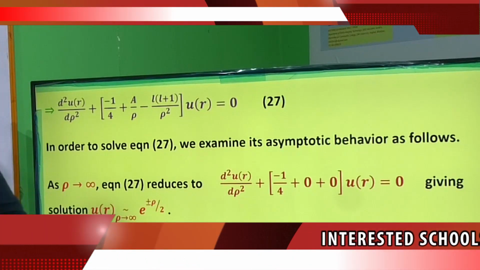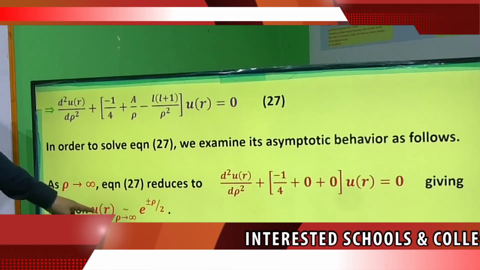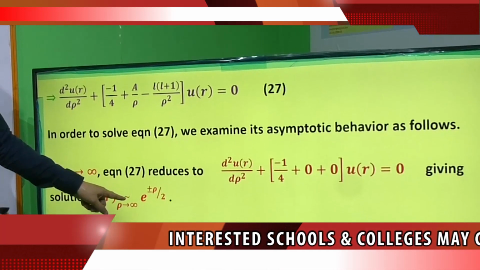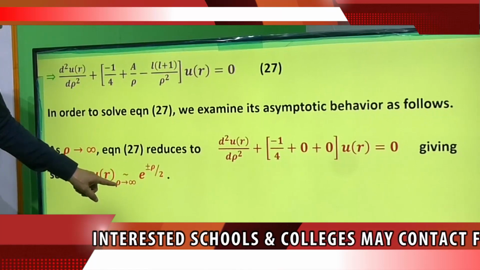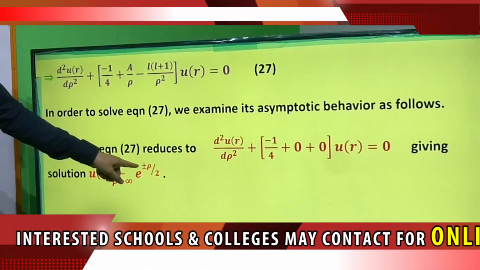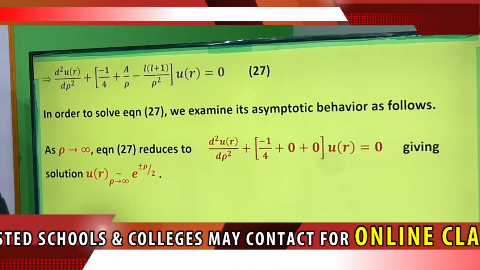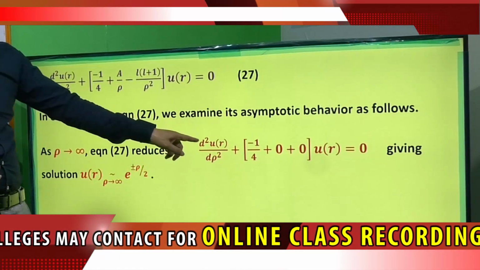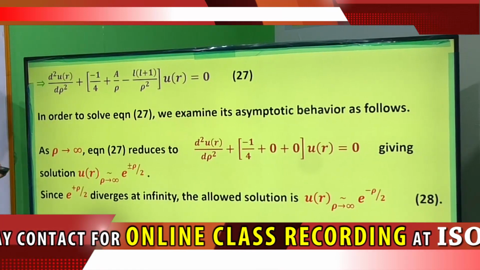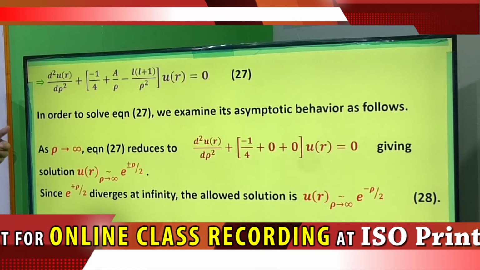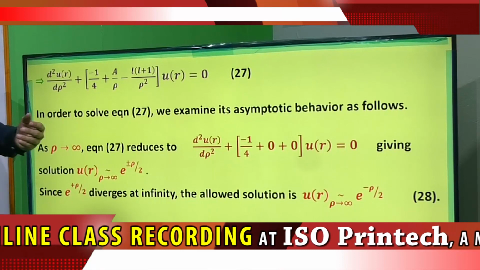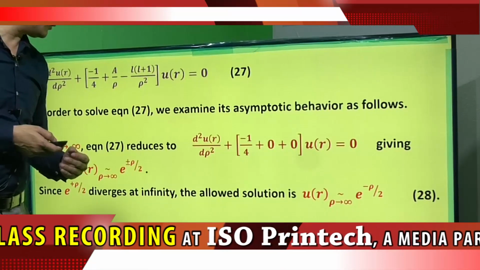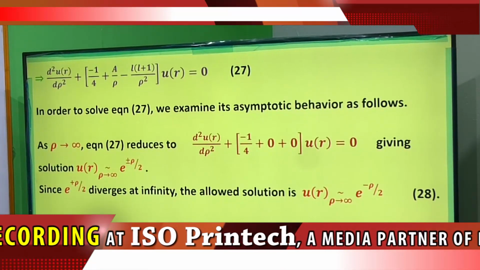And this has a solution of the form u(rho) tends to e to the power plus or minus rho by 2 when rho tends to infinity. Now you examine it. We know that the wave function cannot go to infinity.